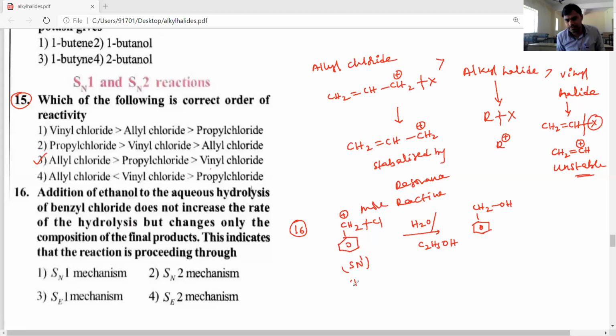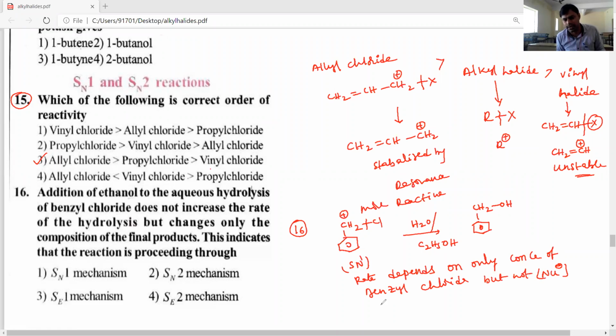The rate depends only on the concentration of benzyl chloride, but not the concentration of the nucleophile. Hence it is an SN1 reaction.